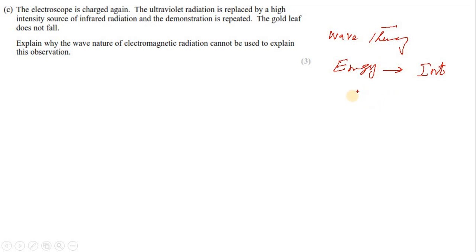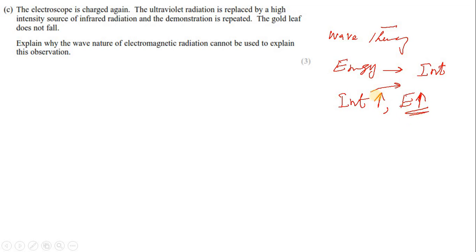So it is said that if intensity is increased, we can assume that the energy of incident radiation is also increasing. So electrons should be emitted with high energy. But in fact, in the photoelectric effect, this is not observed. If you increase the intensity, only the number of electrons increases, the energy stays the same.